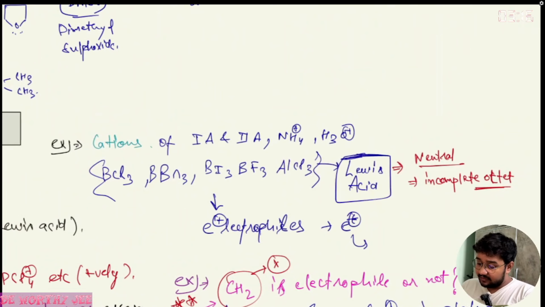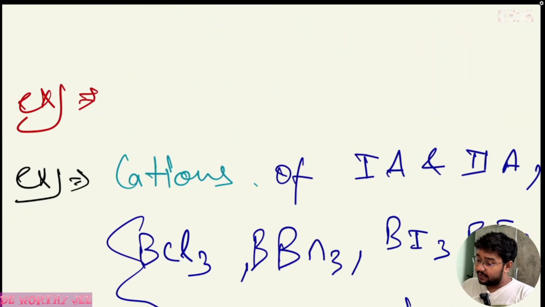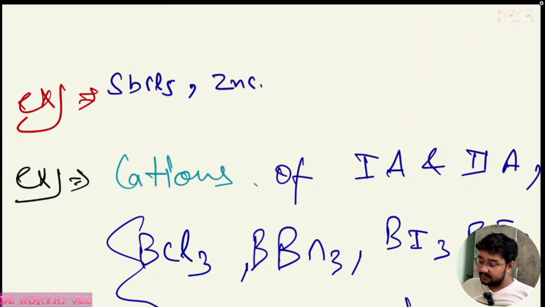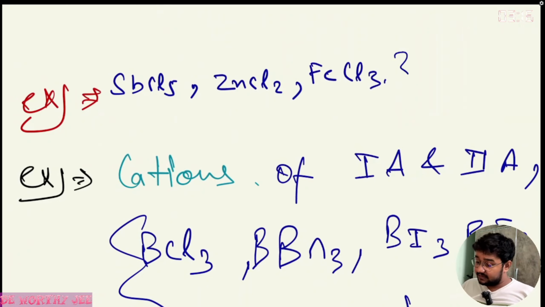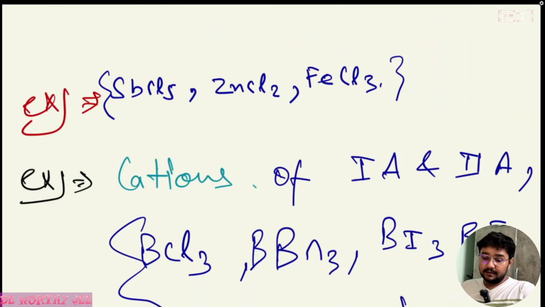You can write some more examples of electrophiles in your notes, so that you will remember them whenever you are revising: SbCl5, ZnCl2, FeCl3. Whenever you see these types of reagents, you should always click in your mind that these are electrophiles.